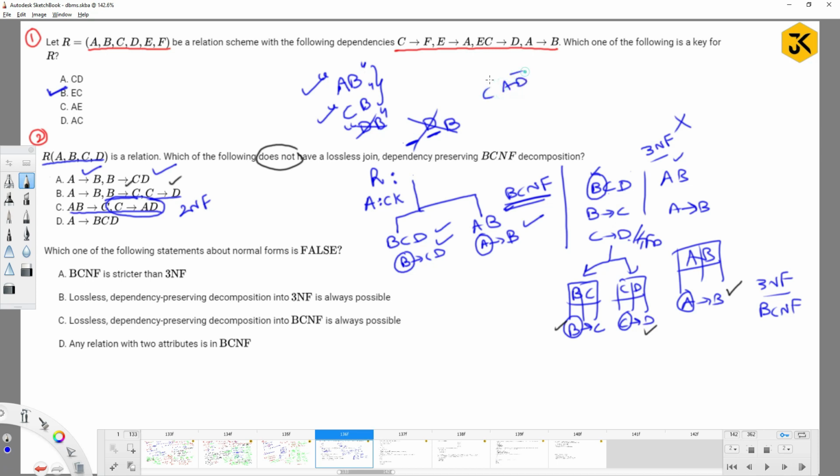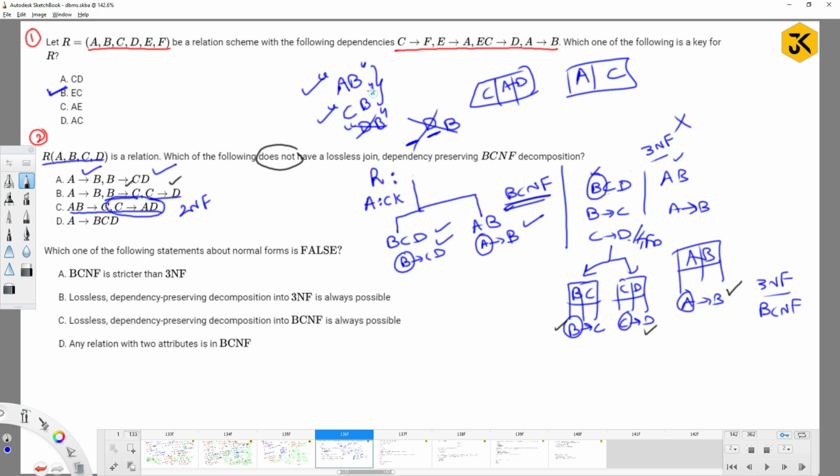CAD is one relation. What about the other one? Remaining, A, C, because C is the candidate key, right? See, 1 minute.